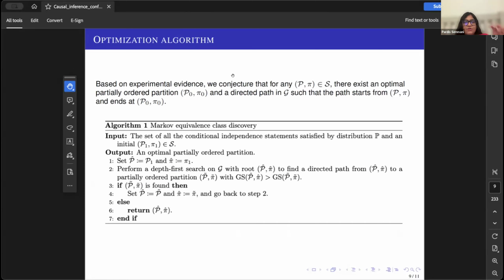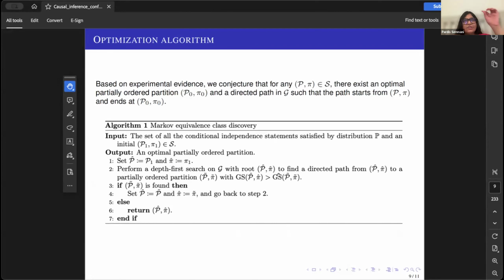If this is true, then this is the algorithm that we're going to use, which is actually what we are using in our experiments. We start with some partially ordered partition, which we'll call p hat pi hat. Then we perform a depth first search on our graph G, which is the graph of partially ordered partitions, with root p hat pi hat.